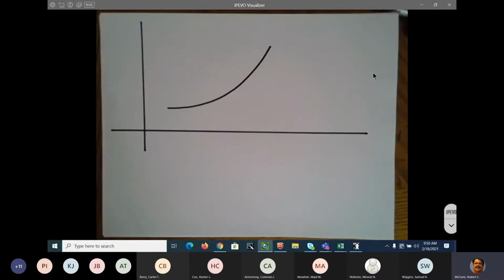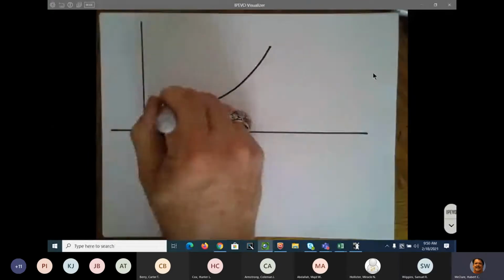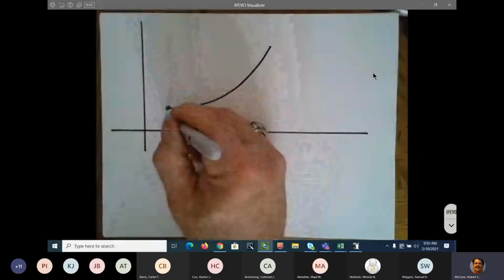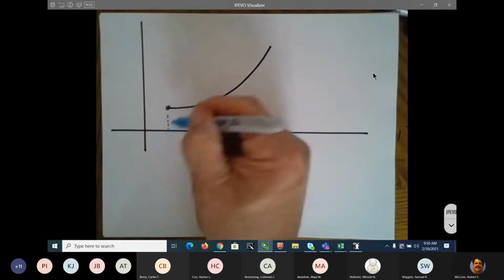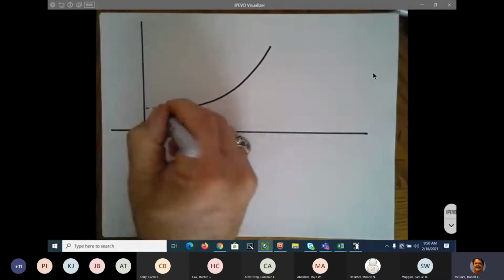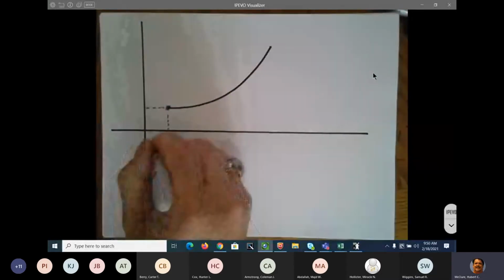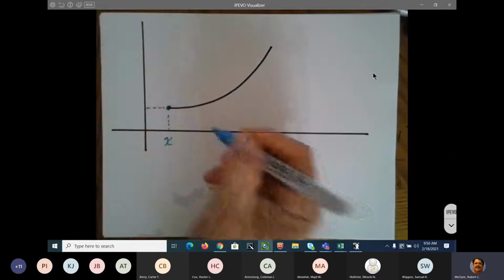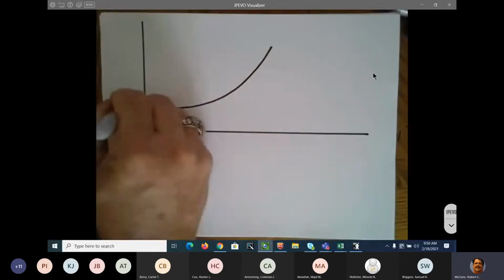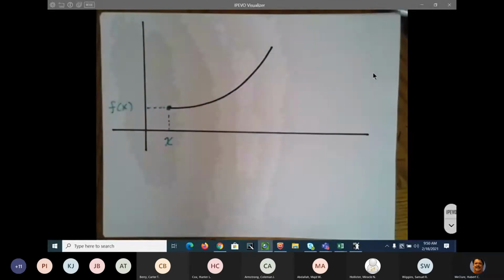And I'm going to put a blue dot right here. I'm going to drop a blue line here. And I'm going to put a blue line there. And that's called x. And it's called f of x. And then I'm going to go up here.